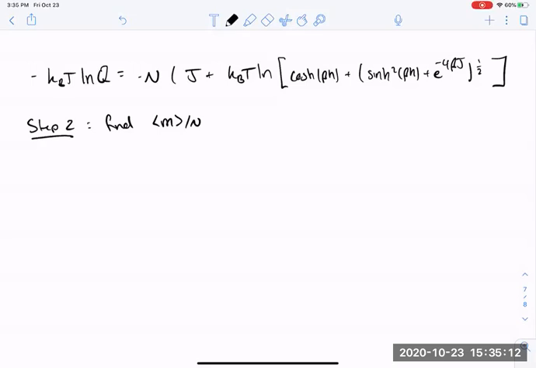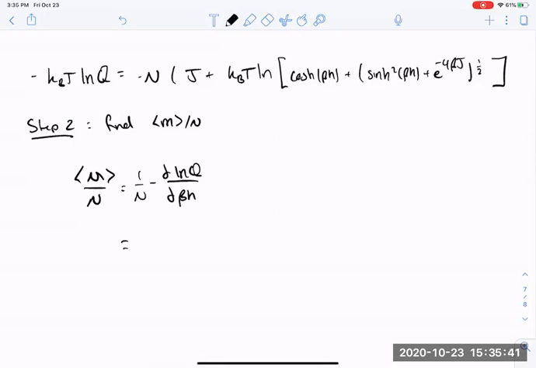The derivative of log of Q with respect to beta H is a way we can do it. So M by N is minus d log Q d beta H, divided by N.